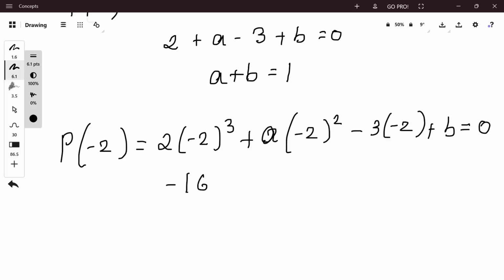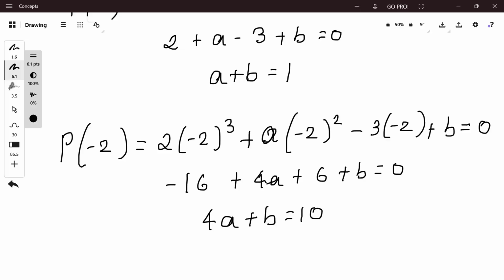That is minus 16 plus 4a plus 6 plus b is equal to 0. That is 4a plus b is equal to 10.